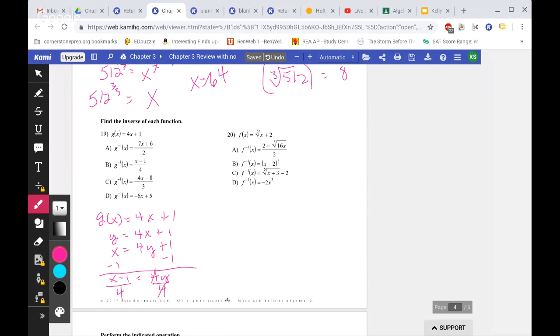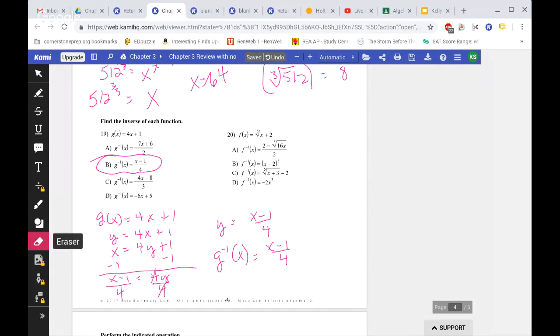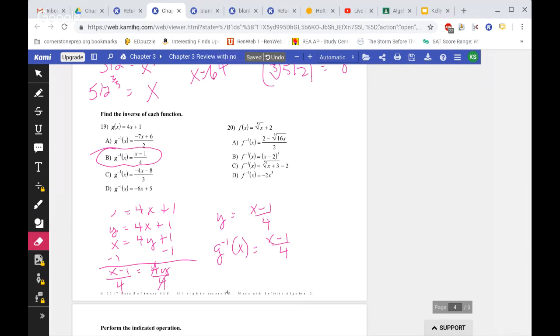Now I have y all by itself, and it's y equals x minus 1 over 4. And I'm going to rewrite it back into the inverse function notation, so it's g inverse of x equals x minus 1 over 4. Okay, that makes sense too. Okay, good.